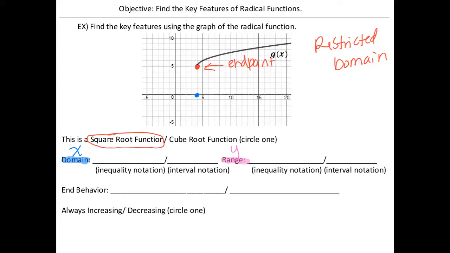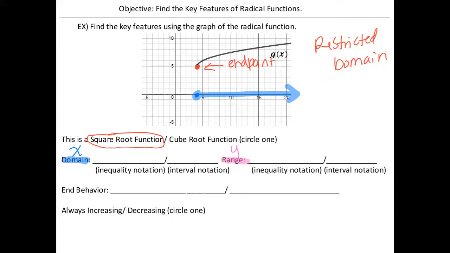So I'm going to grab my highlighter and see. Then I want to check, is it curving to the left or is it curving to the right? The curve part is going to the right. So I'm going to highlight on the right side of the graph. Okay. Again, I drag the endpoint to the x-axis, and then check, is it curving to the left or curving to the right?